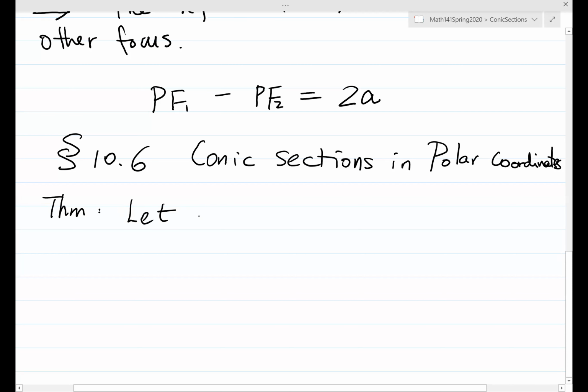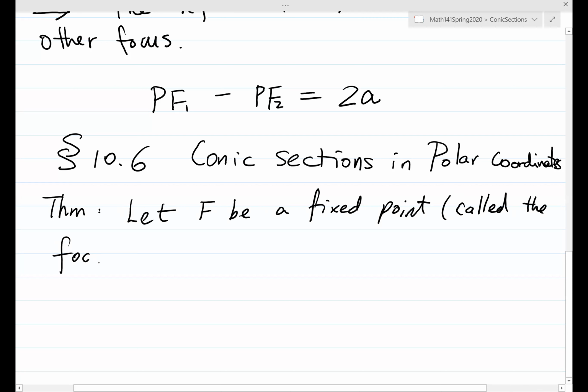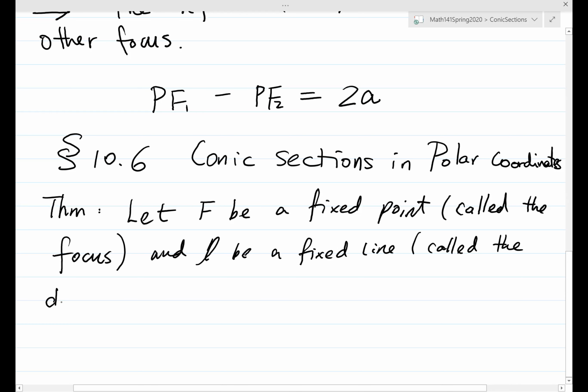Let F be a fixed point, called the focus, and let L be a fixed line, called the directrix. Let E be a fixed positive real number.